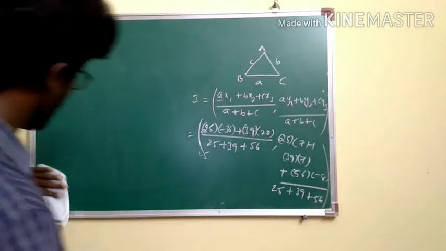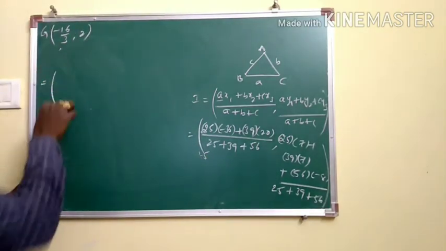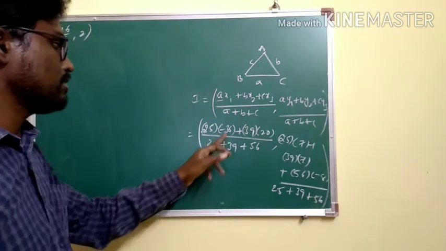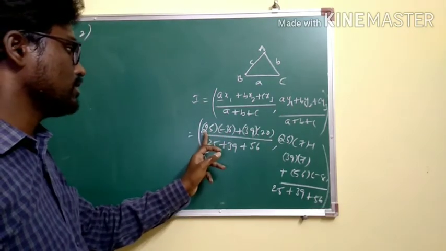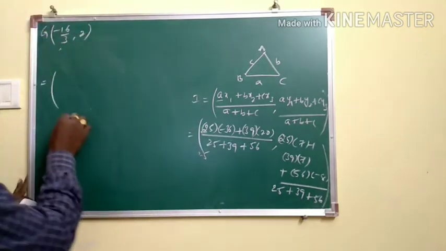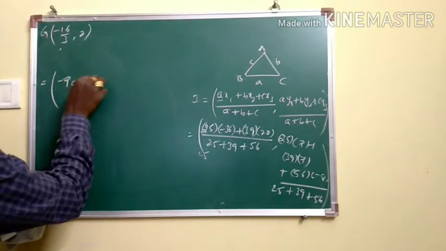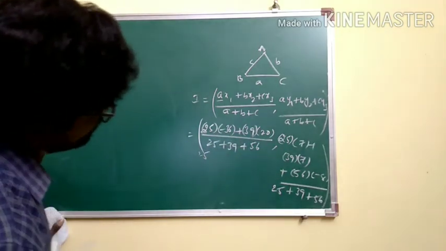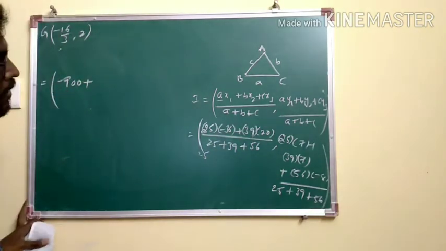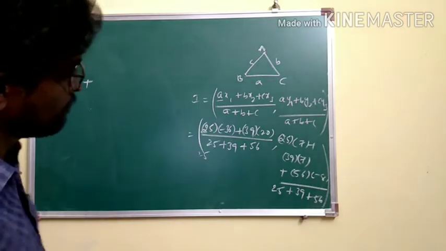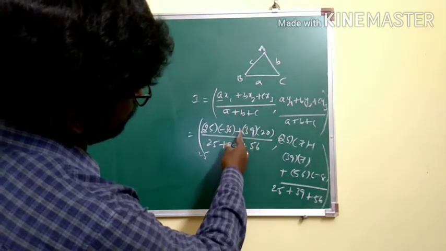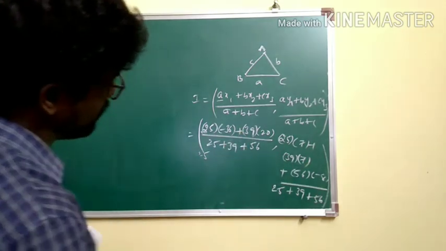So let's go with the further calculation. 25 into minus 36, 30, 600, okay, yeah, minus 900, plus 39 into 20, 2 9s are 18, 6, 180. 39 into 20, 2 9s are 18, 2 3s are 6, 7, okay, 780.